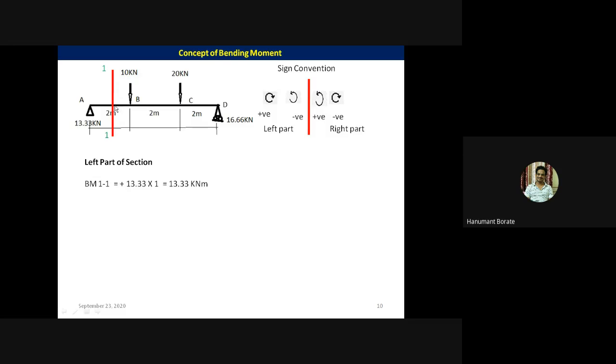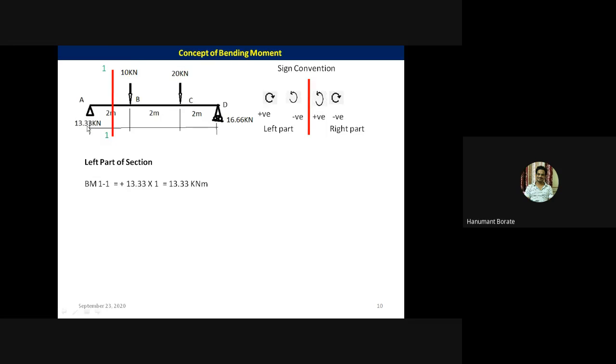Now we need to consider only one part. Let's consider only the left part. In the left part, there is only one force, that is 13.33 kilonewton, acting in the upward direction. According to the definition, we need to take moment about the section.